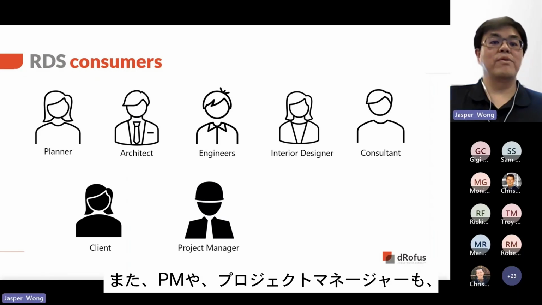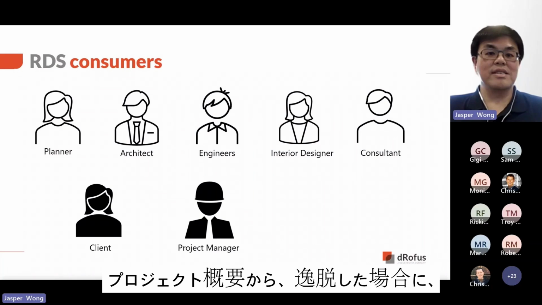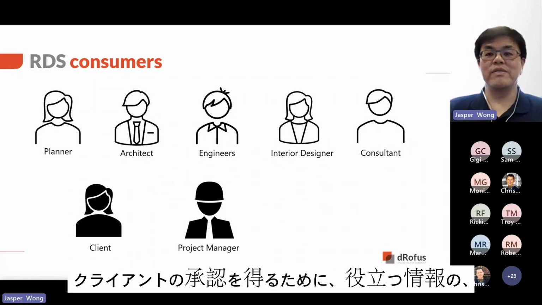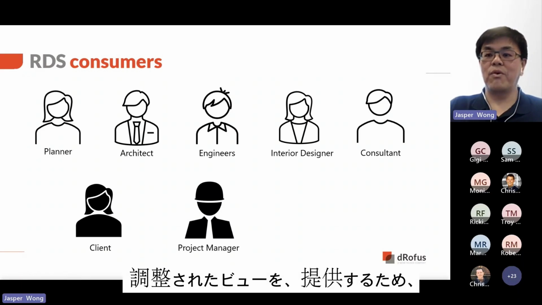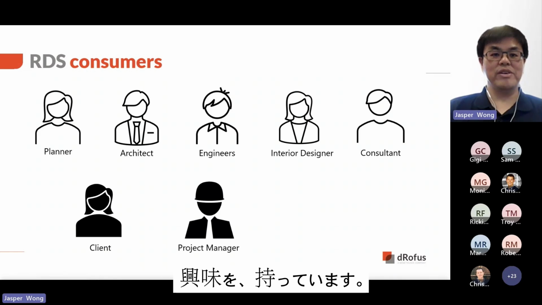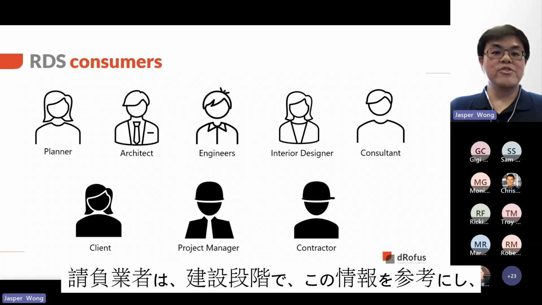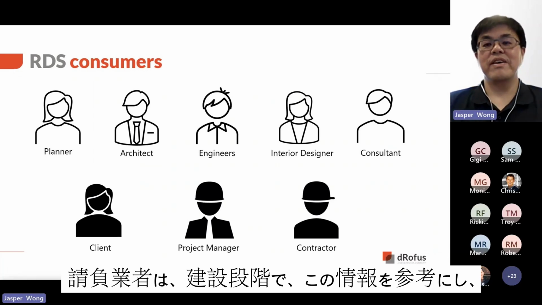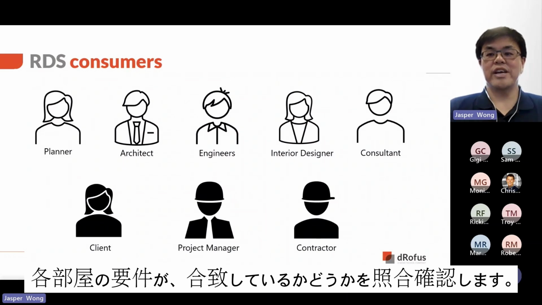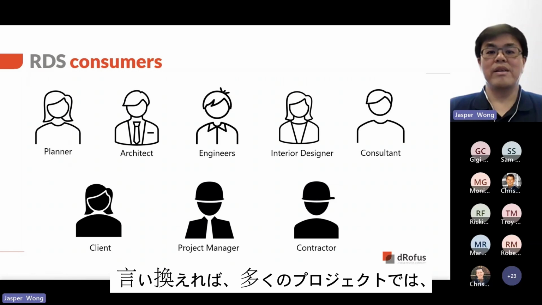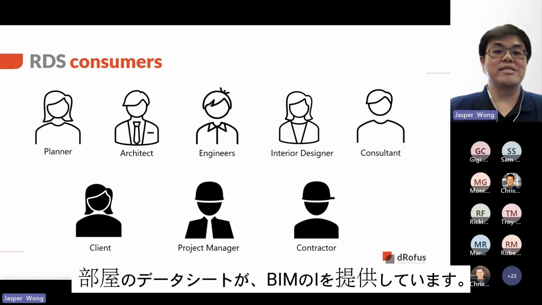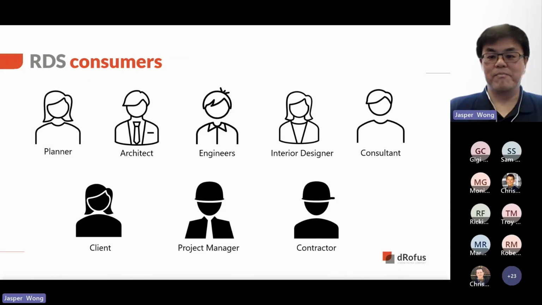A PM or project manager is also interested as it provides a coordinated view of the information, which can help get client approval for any deviations from the project brief. A contractor uses the information during the construction phase for reference and cross-checking the individual room requirements are met. In other words, on many projects, room data sheet is supplying the I in BIM.